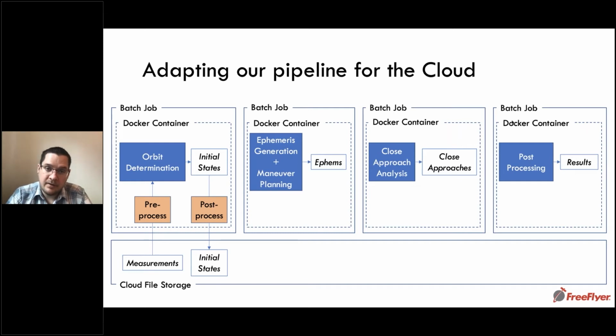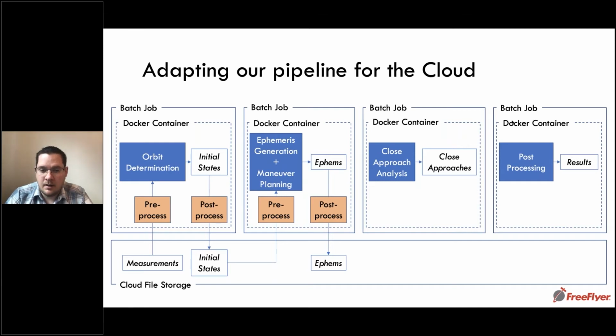The next step is to run the next job, which is the ephemeris generation and maneuver planning. Our pipeline will use an additional pre-processing script to copy the initial states from cloud storage into the Docker container, where the ephemeris generation mission plan can run to generate the ephemerides. Similarly, there's a post-processing step to copy out those ephemerides into cloud storage.